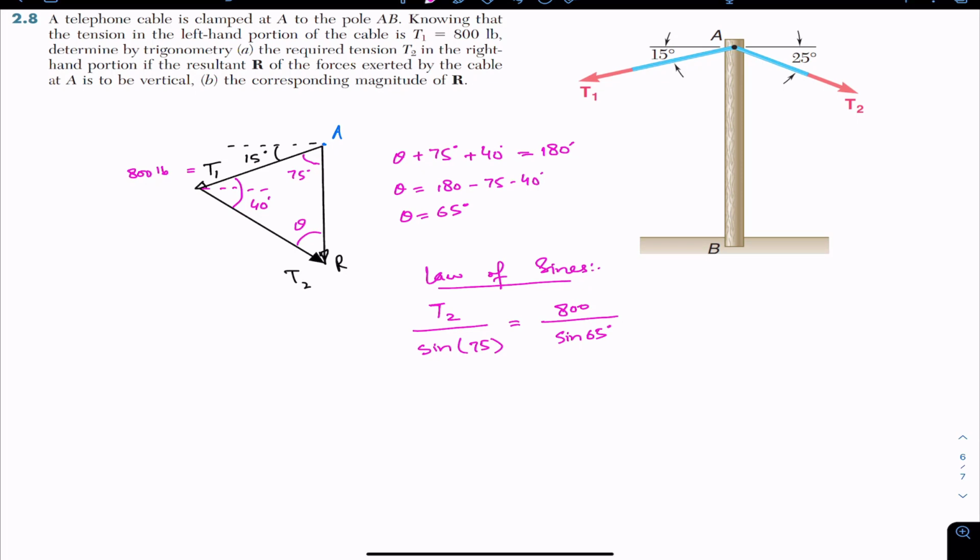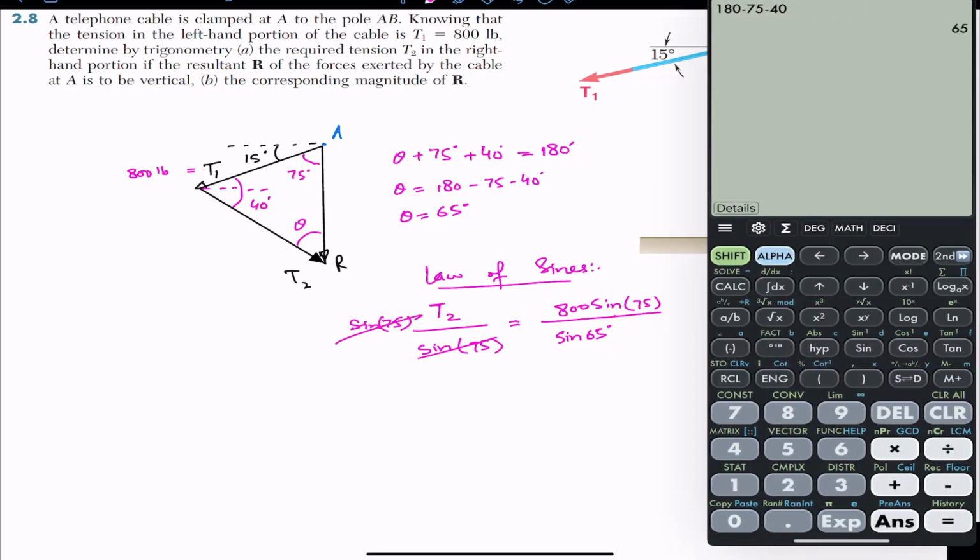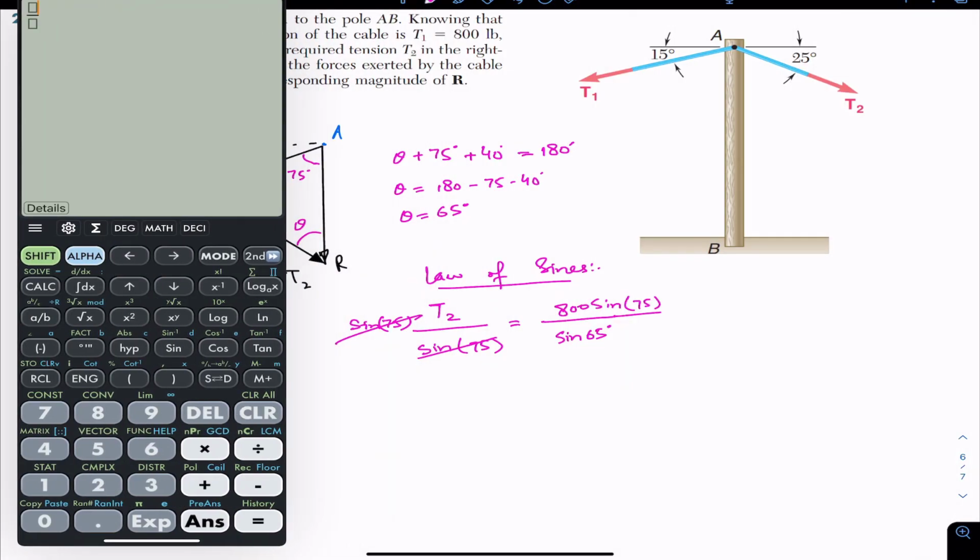Now if I multiply both sides of the equation by sine of 75, we will have T2 equal to 800 sine of 75 divided by sine of 65, and this gives me 852.62.